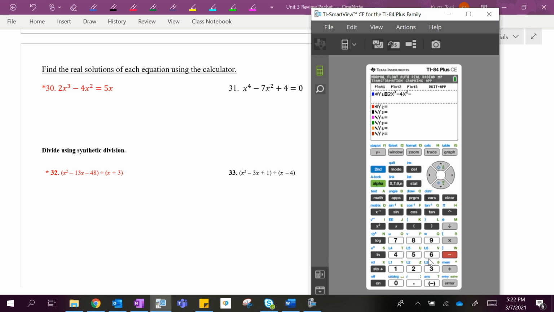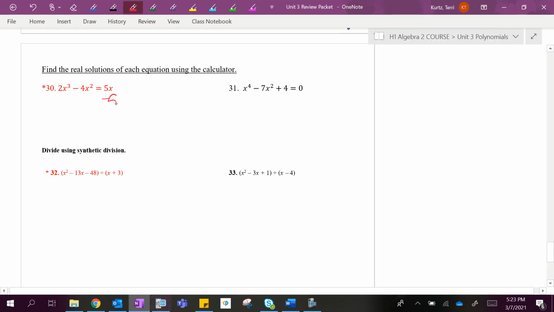And then minus 5x. Remember, you always need to set it equal to 0, right? I have to subtract 5x from 5. So I get this.